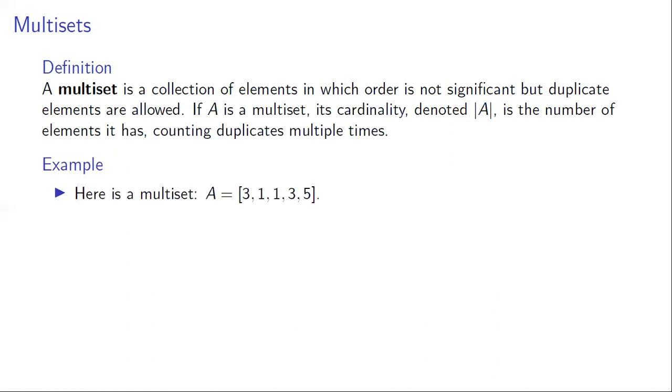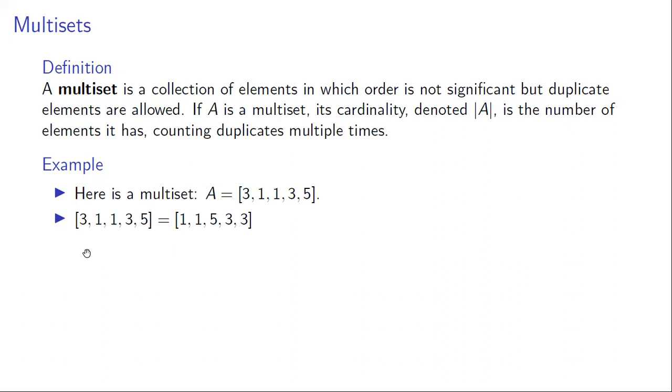So a simple example, here's a multiset, we can call it A, and we write a multiset usually with square brackets instead of curly braces, and not parentheses either. So [3, 1, 1, 3, 5]. It's a multiset, right? Because the order doesn't matter, but duplication is allowed.